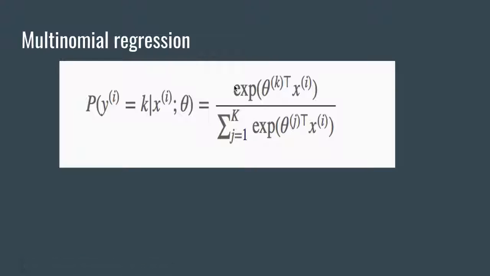We're doing e to the x over the sum of e to the i for every i in our classes, and this means that whichever one is the biggest, that's what we're going to say it is.